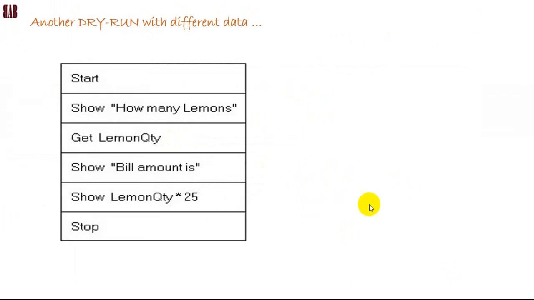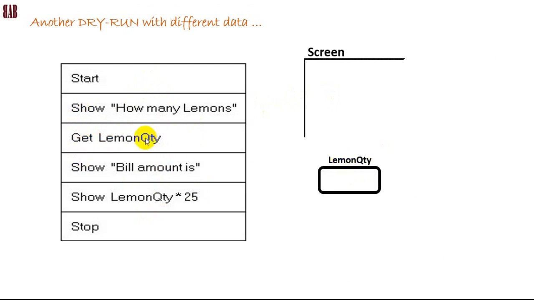Okay, let's do another dry run with the same NS chart with a different value for lemon quantity. Once again, we have the same exact NS chart. To do a show, we need a screen, and for the variable acceptance, we need the variable lemon quantity that is here. So let's start off. We start with the NS chart, then go to the next line.